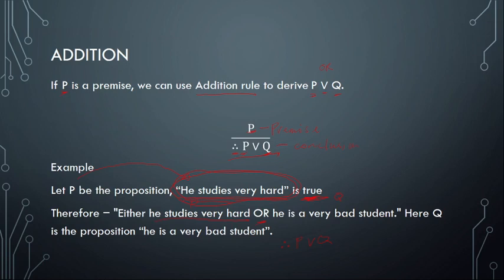The addition rule is: P is the premise, therefore P or Q.